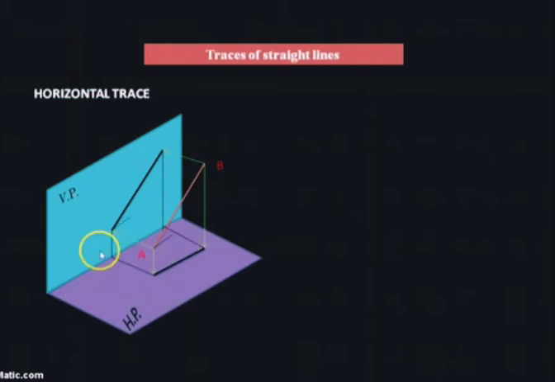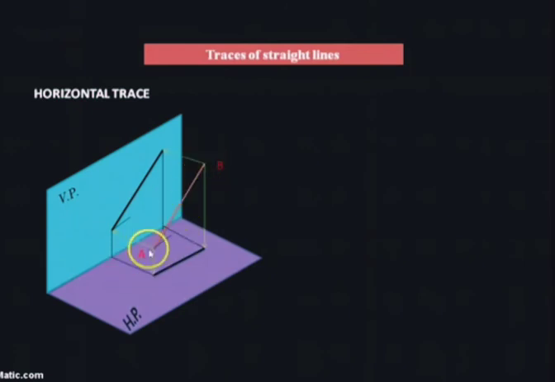Here I am giving the first example for horizontal trace. I have taken a straight line inclined to the horizontal plane and parallel to the vertical plane. In this condition we get only the horizontal trace. To construct it, after drawing the projections we need to extend the straight line.